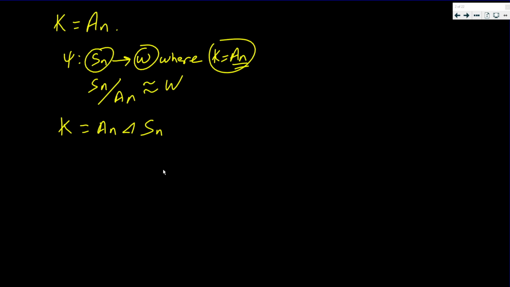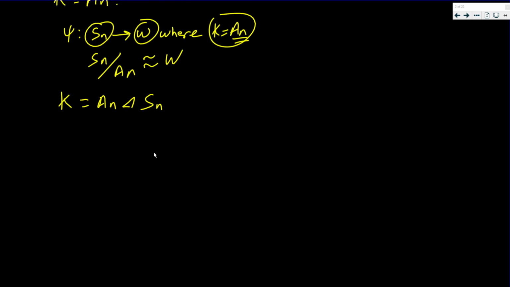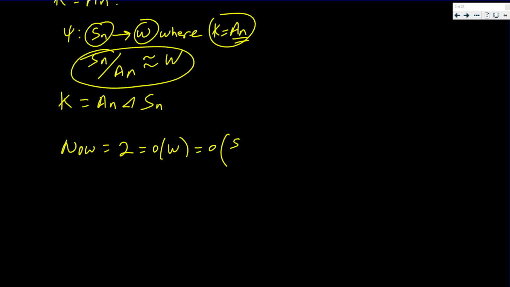Now let us look at something else. 2 is equal to the order of W, which is the order of Sn mod An, which is the order of Sn over the order of An.